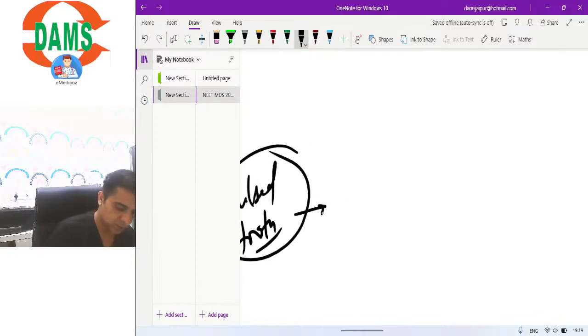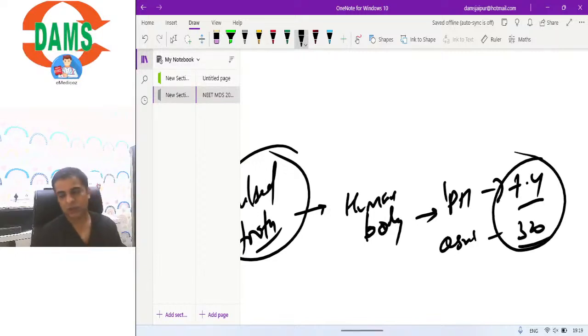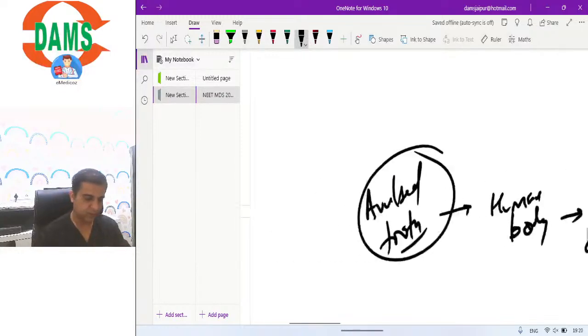For an avulsed tooth, the human body has a pH of approximately 7.4 and the osmolarity is 320. The more the storage media matches it, the better the chances of tooth survival. What is treatment? Treatment for what?